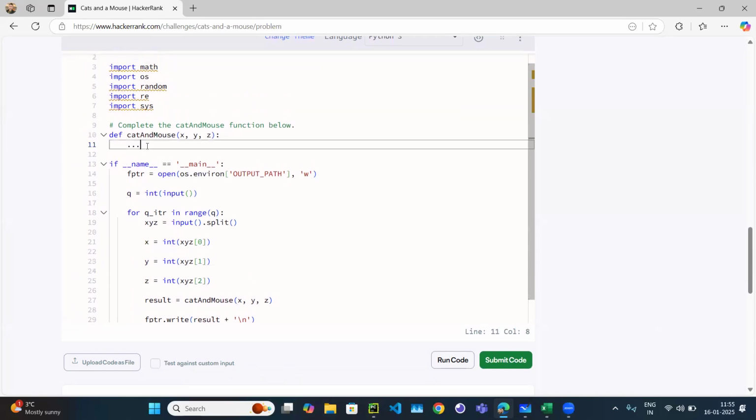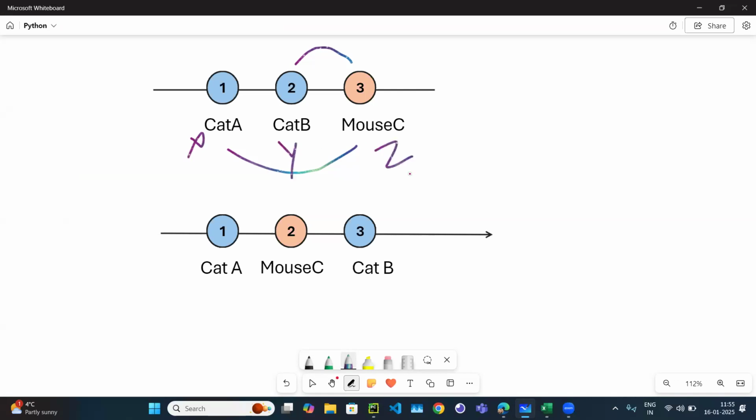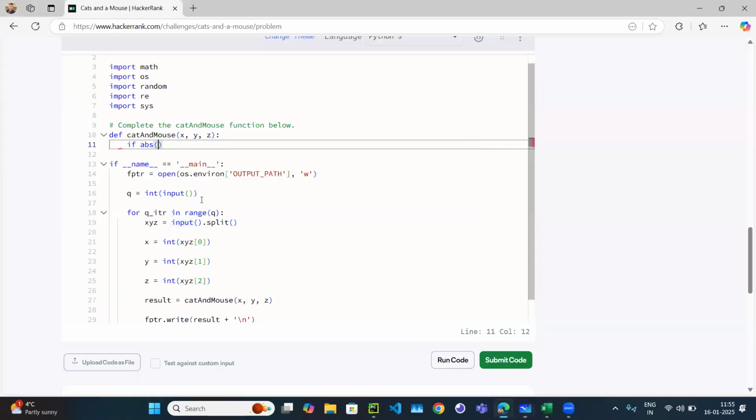What we will do is find the distance. We will calculate the distance between cat A and the mouse, and between cat B and the mouse. So this is x, this is y, and this is z. We will find z minus x and z minus y.